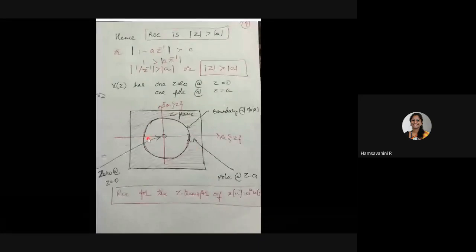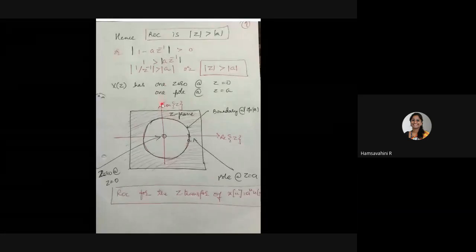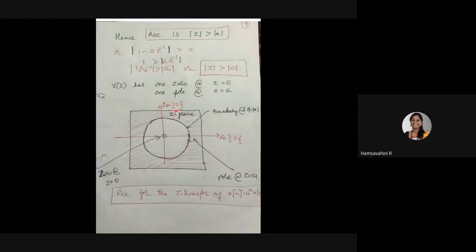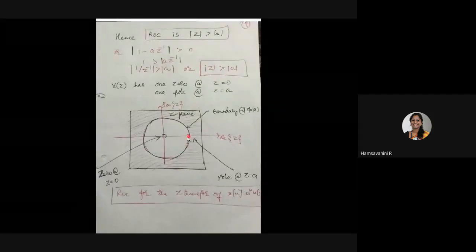Okay. So now I need to represent the ROC on a z plane. The z plane is a complex plane with the x-axis being the real part of z and the y-axis being the imaginary part of z. So a is the pole which makes a circle of radius a, and we found that ROC is mod z greater than a. That means the region of convergence for which X of z becomes a finite value should be greater than a.